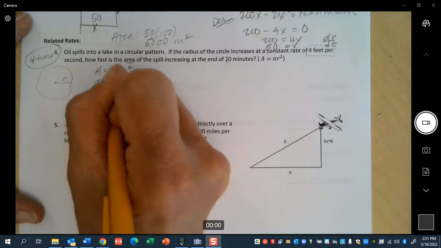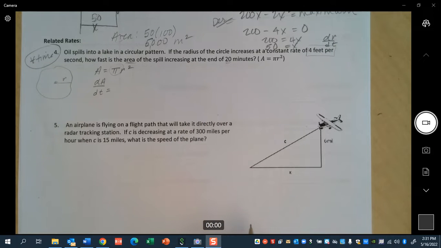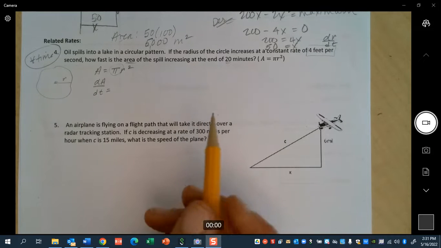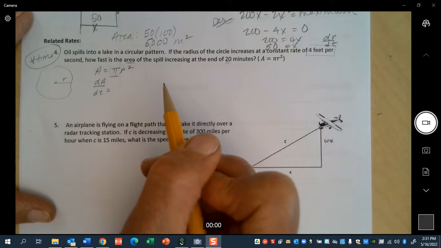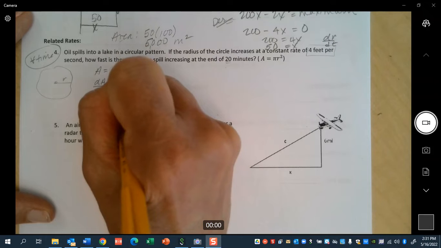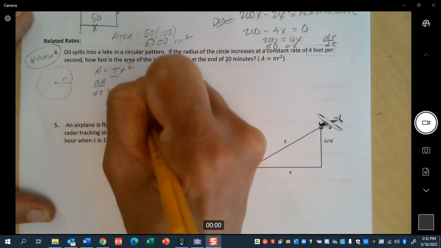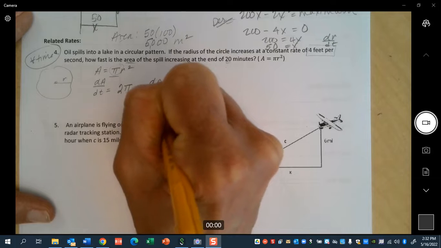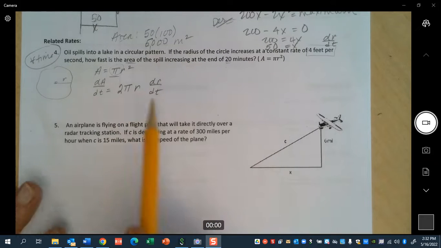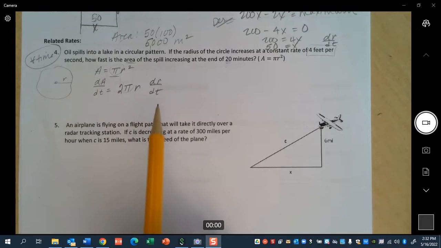When I go to differentiate that, remember, pi is a constant, but when it's attached to a variable, it's a coefficient. So I have 2 pi r dr/dt. Let's break that apart. Pi counts as a coefficient. So he hangs out just like that coefficient rule.